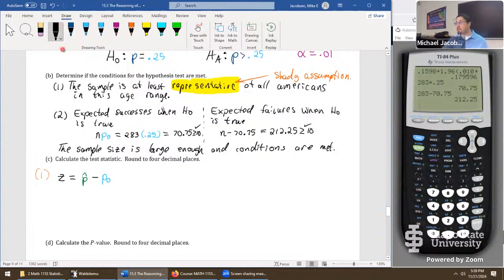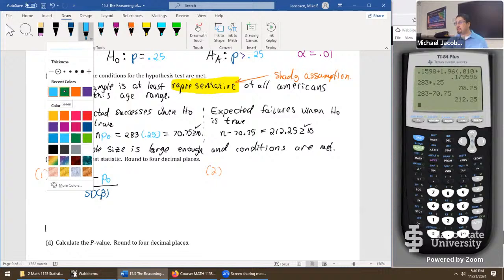That came from the alternative hypothesis, or excuse me, the null hypothesis. We usually think of the null when we think of P naught, divide the whole thing by standard deviation of p hat. So that's our formula.